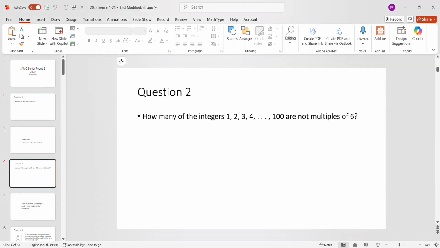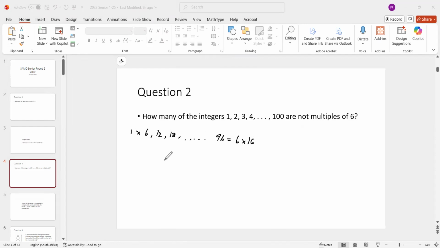How many of the integers from 1 to 100 are not multiples of 6? Okay, it's easier to identify the multiples of 6, which goes all the way up to 96, which is 6 times 16. This is 1 times 6.